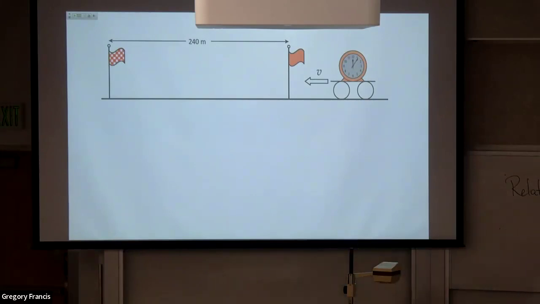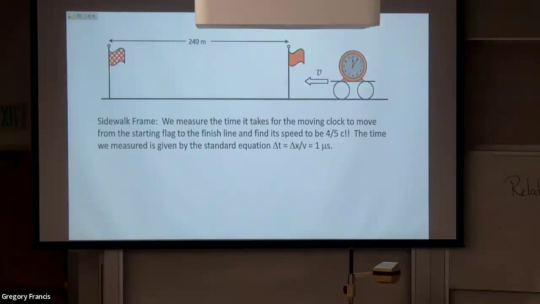Well, suppose I have this cart and it has a clock on it and it is traveling at 4/5 the speed of light. If you'll believe it, 80% of the speed of light. Well, what that tells me is that if we measure the time it takes for that moving clock to move from the starting flag to the finish flag, with the distance between them being 240 meters, as measured by us on the sidewalk, okay?